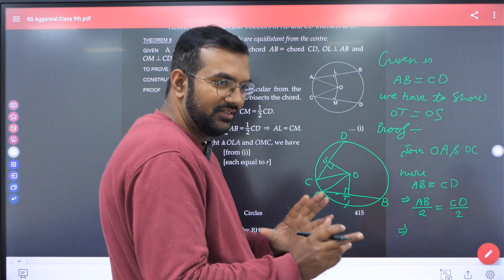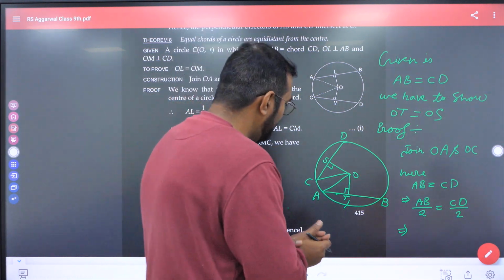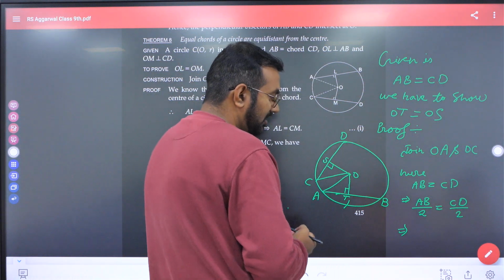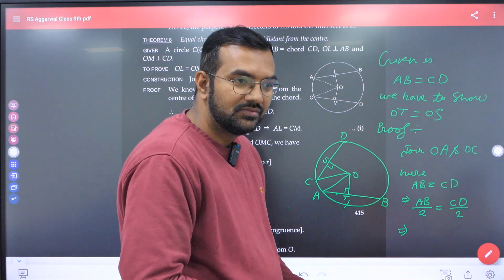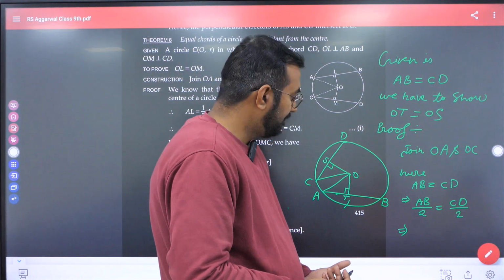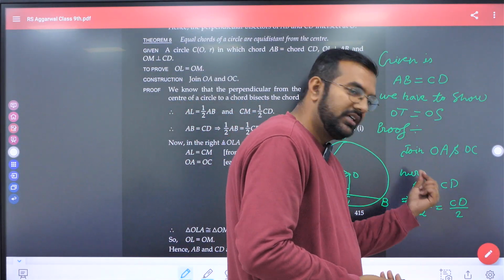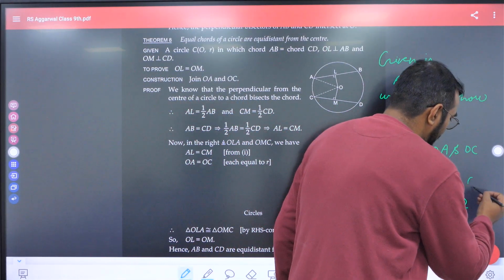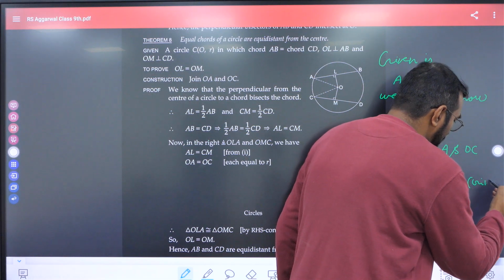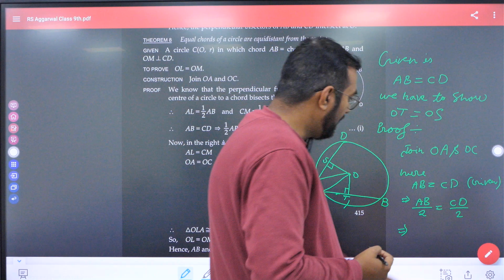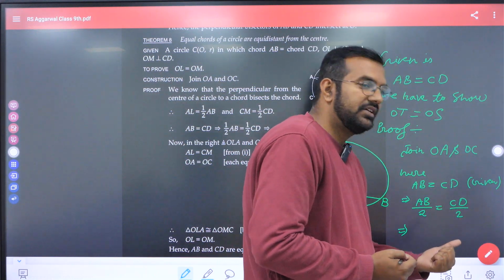This is the point that must be noted. Half AB is equal to AT. How? AB divided by 2. Because AB is equal to CD is given, and half AB is equal to half CD.